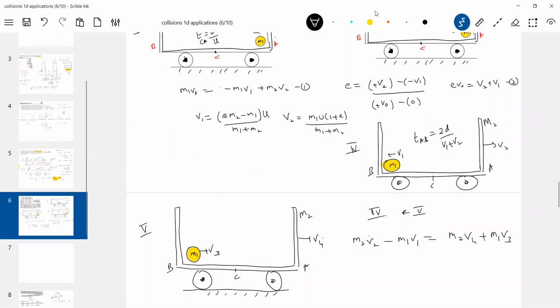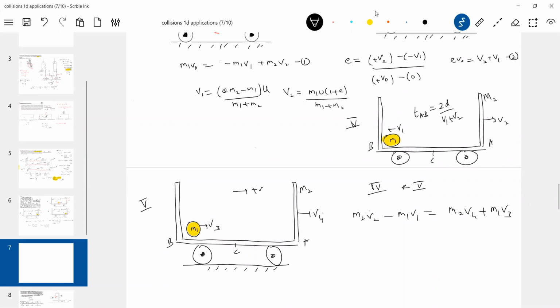Then applying coefficient of restitution. Again, the convention is same. Towards right is positive. So E is equal to velocity of separation by velocity of approach: final velocity of the trolley minus final velocity of the ball, over V1 towards left minus V1 plus V2.